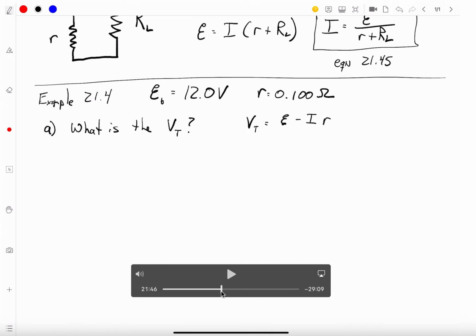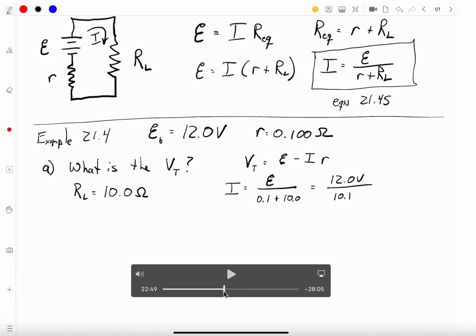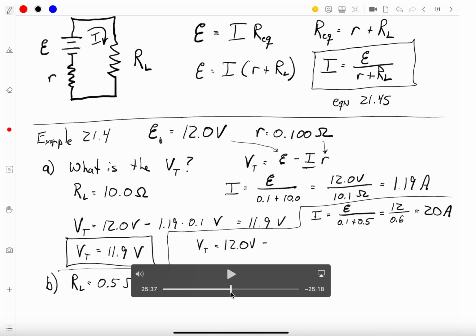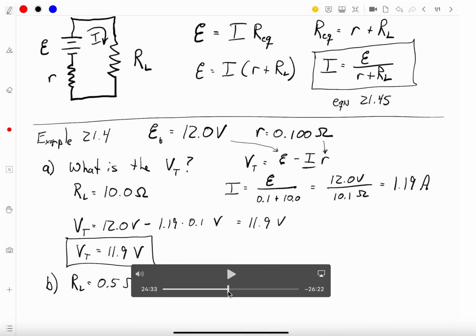So let's do example 21.4. Let's back up just a little bit. We're going to do part A. So example 21.4. We're given that for the battery, the EMF is 12.0 volts.